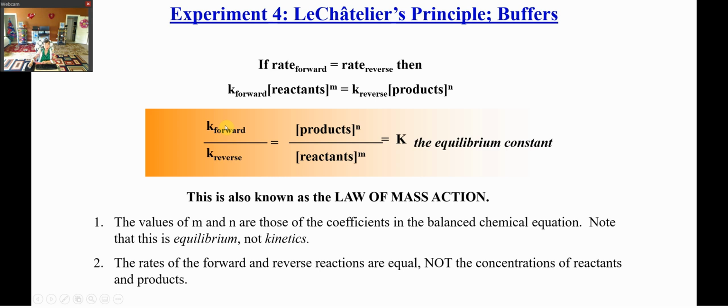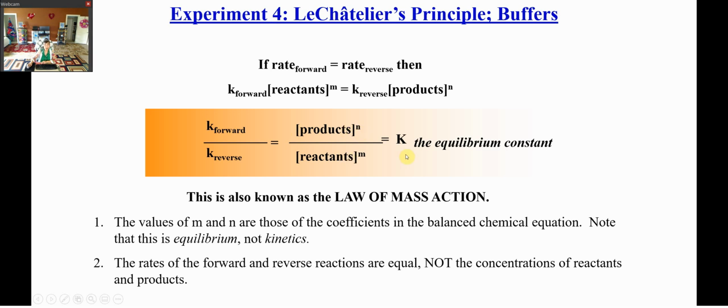At this point, as we already know, the rate for the forward reaction is the same as the rate for the reverse reaction, meaning your k forward multiplied by the reactant concentration to the power m equals the rate constant for the reverse multiplied by the product concentration to the power n. You take the ratio between these two k's, for the forward and reverse reaction rate constants, and you get the product concentration over the concentration of reactants.